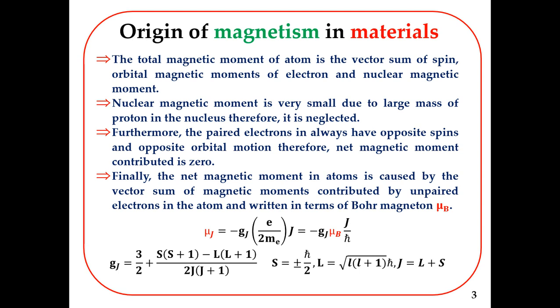Furthermore, atoms with paired electrons have compensated opposite spins and compensated orbital motion. Therefore, the net magnetic moment of the atom is 0 for paired electrons. An atom with unpaired electrons has a net magnetic moment due to these unpaired electrons, and it is represented in terms of the Bohr magneton.